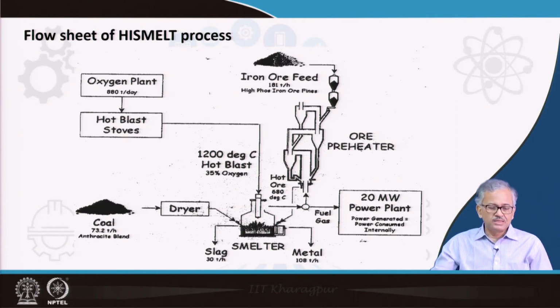Okay. And the second thing is that you are using the hot air blast that carries a lot of sensible heat, and that can also reduce the coal rate. So coal rate will decrease from two counts. One is because of the preheated air blast. Second is that since you are injecting it, the process efficiency becomes much faster.